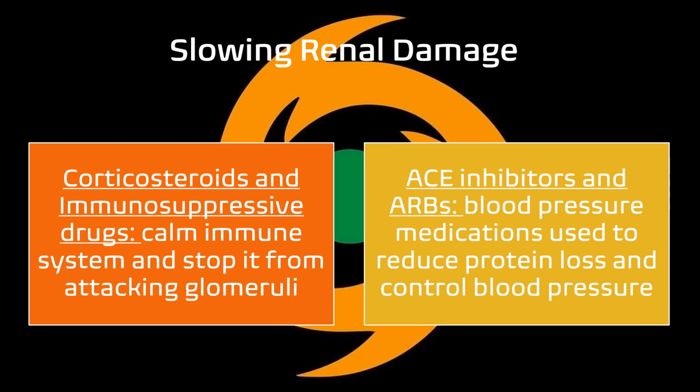And so the literature around IgA nephropathy, like that of FSGS, has similar bases in relating to slowing down or retarding renal damage.